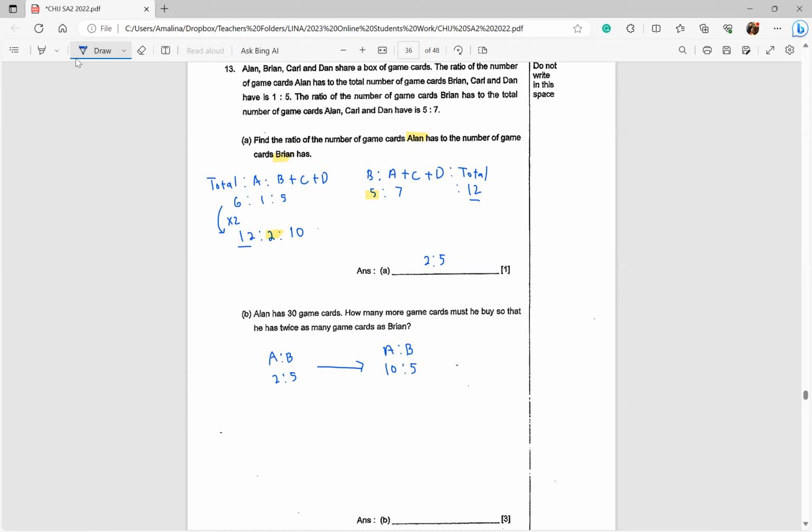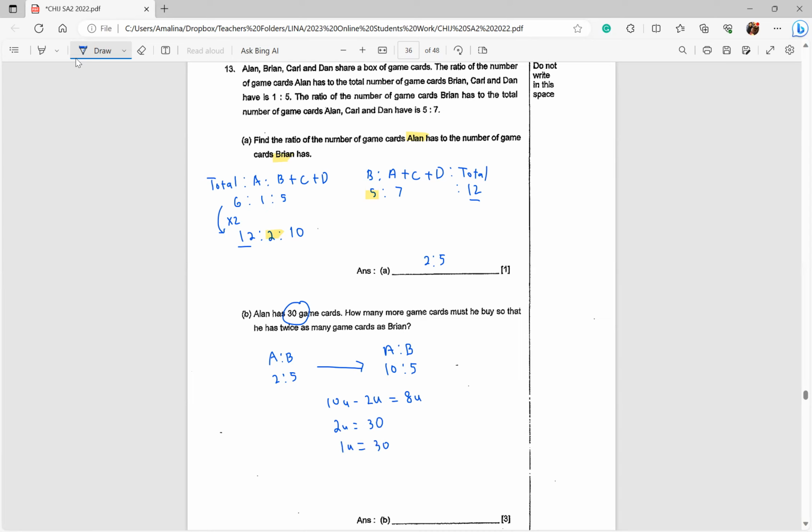Okay, so I know now that the increase over here must be my 8 units. 10 minus 2 means you need to purchase 8 units of game cards. And I know that you have 30 at first, and this 30 represents my 2 units. So 2 units equals to 30. Find for 1 unit.